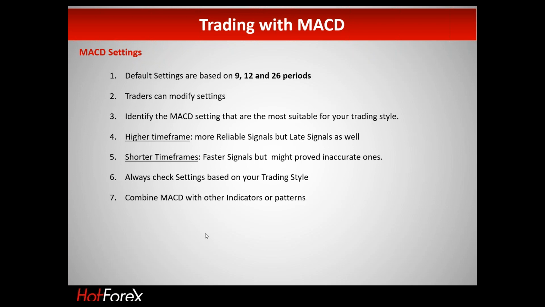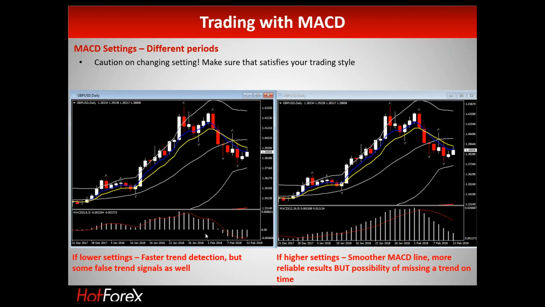So regarding MACD settings and what you have to take care of, here I have two daily charts of cable. In this area over here, I reduced my settings to 5, 8, and 3. So lower settings, faster trend detection, but be cautious because they might be false trends.